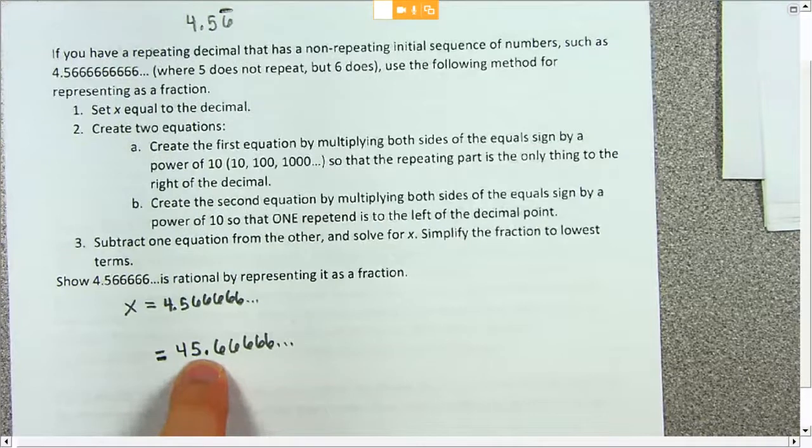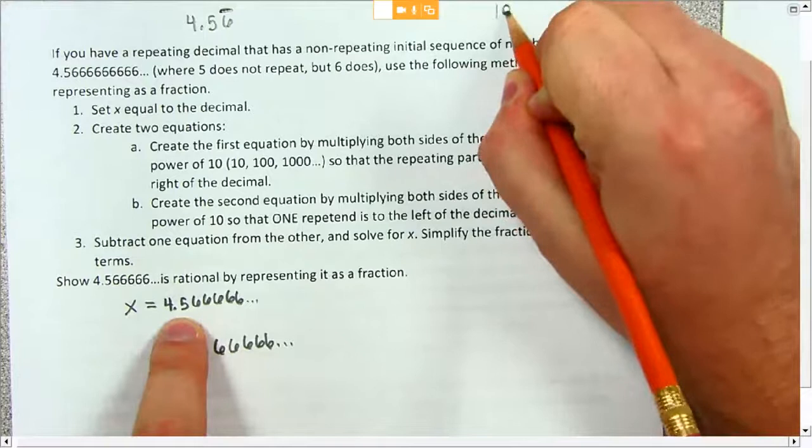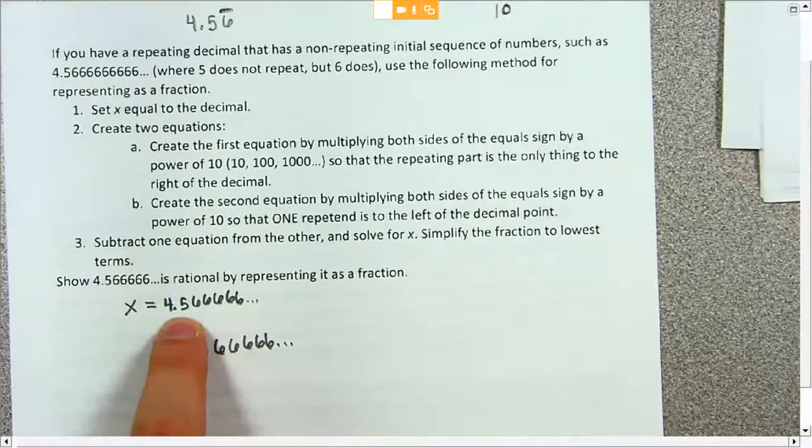So I need to multiply this number by a power of 10. Do you know what I mean when I say power of 10? If you don't, that's okay. A power of 10 is basically 1 followed by a certain number of zeros, and it's based on 10 raised to a certain power.